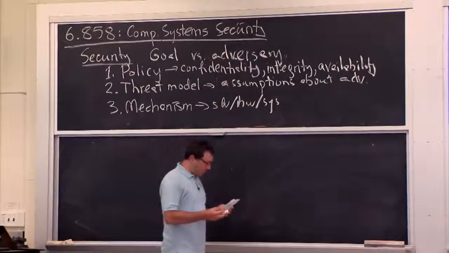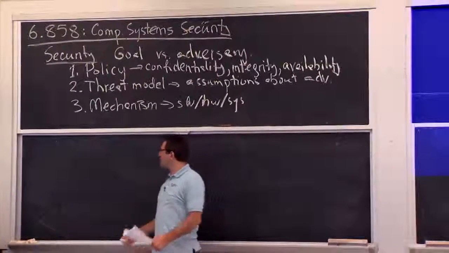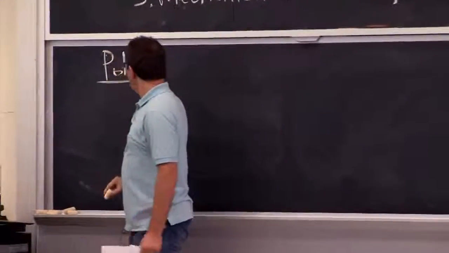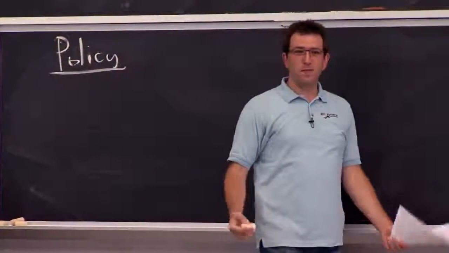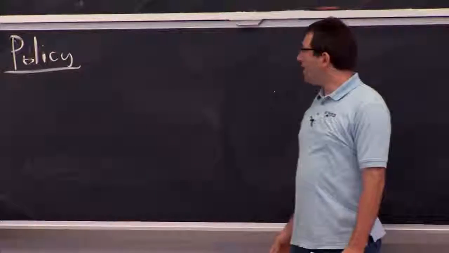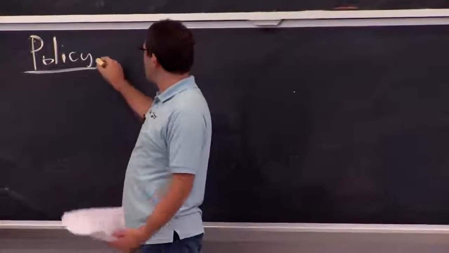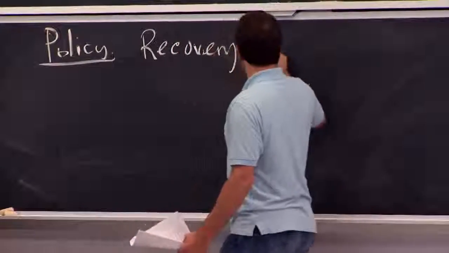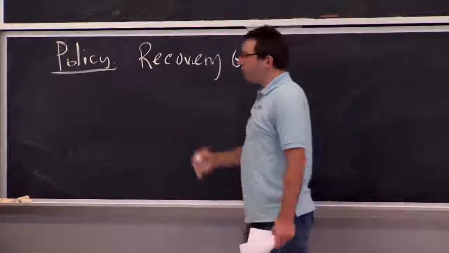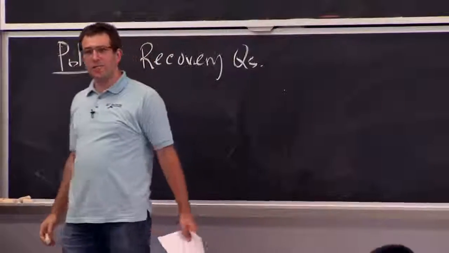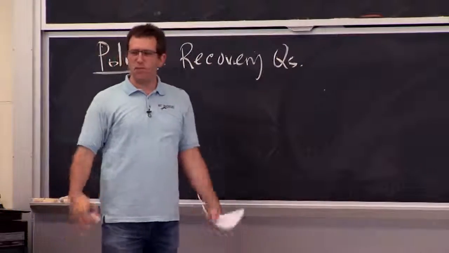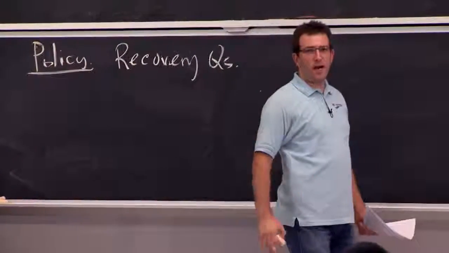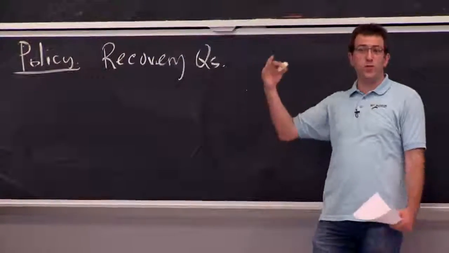Let's start with policies and examples of how you can screw up a system's policy. Maybe the simplest example of this is account recovery questions. Typically when you sign into a website, you provide a password, but what happens if you lose your password? Some sites will send you email with a link to reset your password.